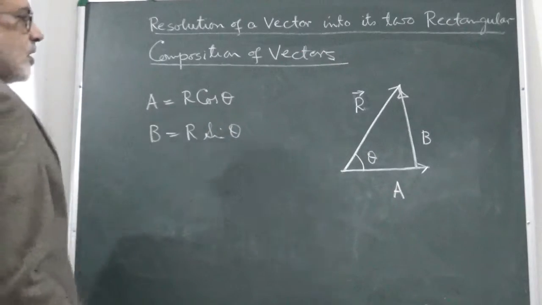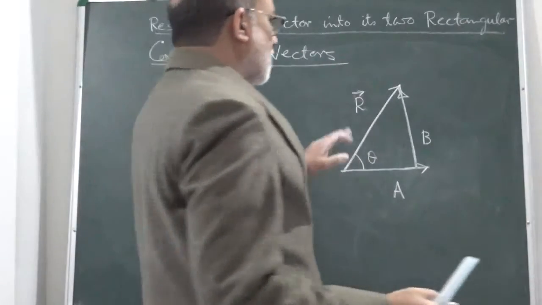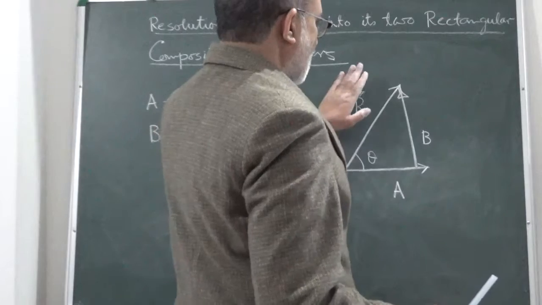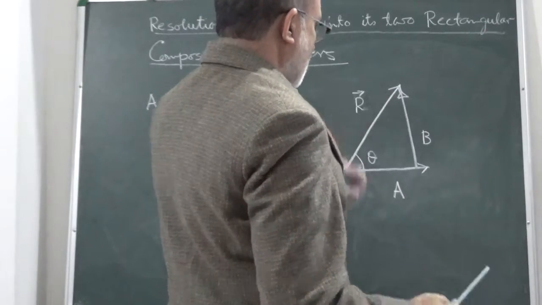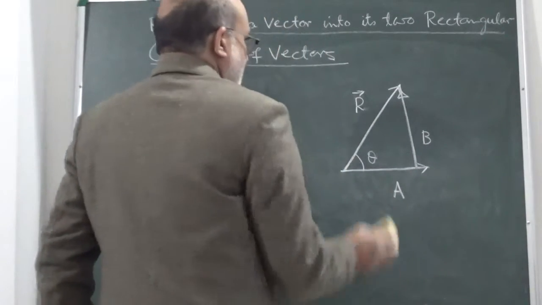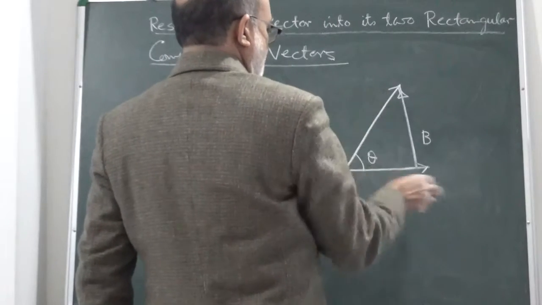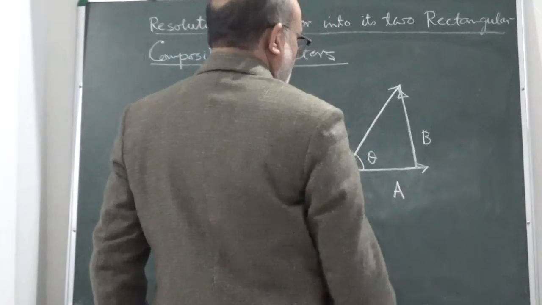Now suppose we know the rectangular components A and B, and we have to find the resultant.